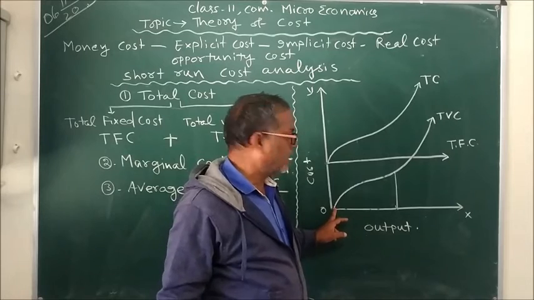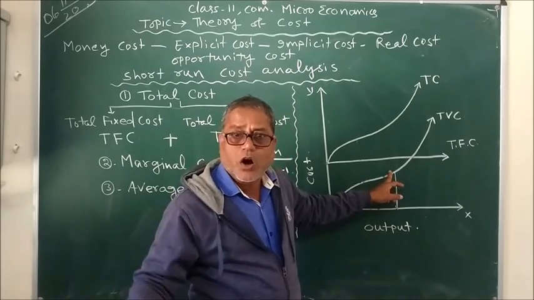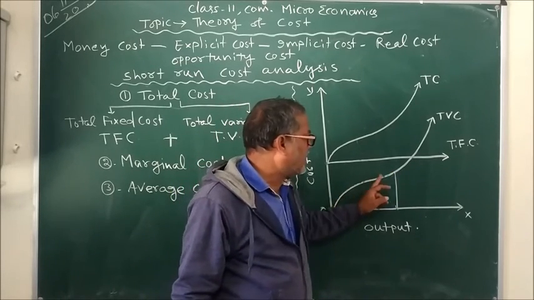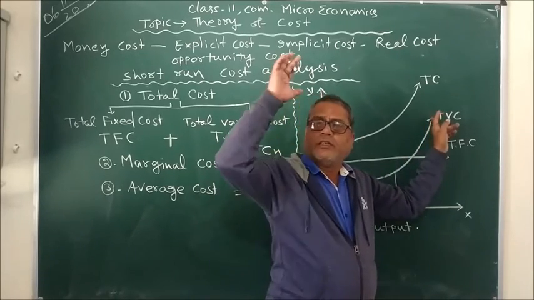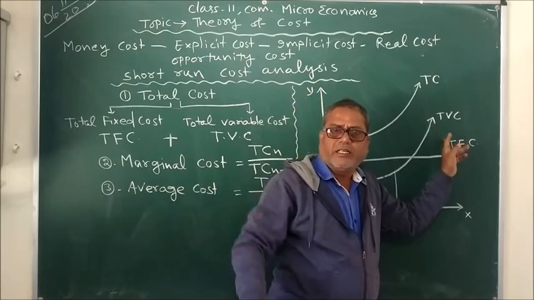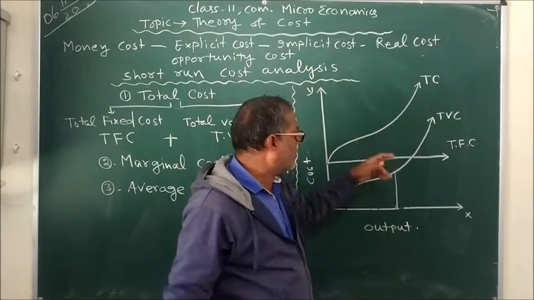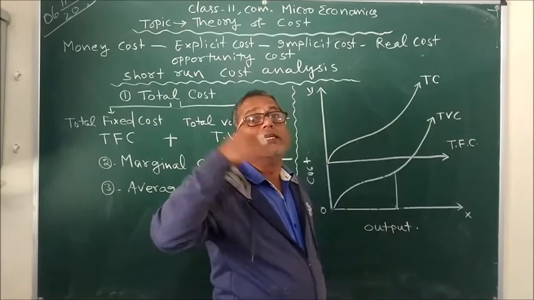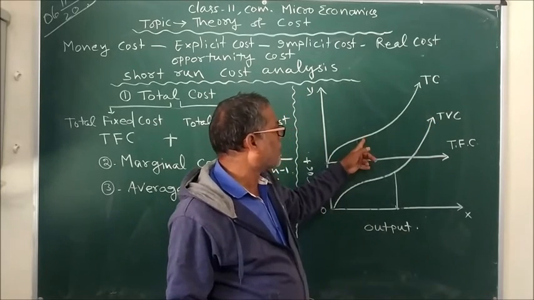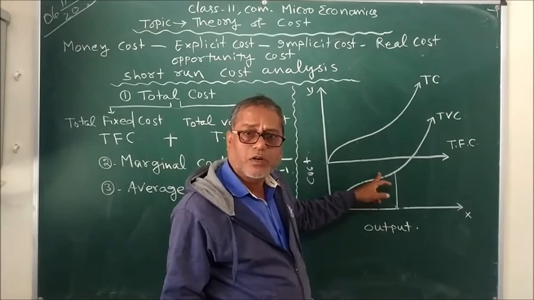So in the first phase, increasing return, that is falling cost, that's why it is increasing but at a decreasing rate. And in the next stage, it is the stage of a decreasing return, means increasing cost, that's why the curve is increasing but at an increasing rate. That is the explanation of total cost and total variable cost.